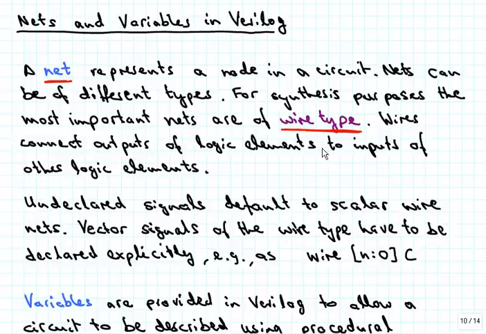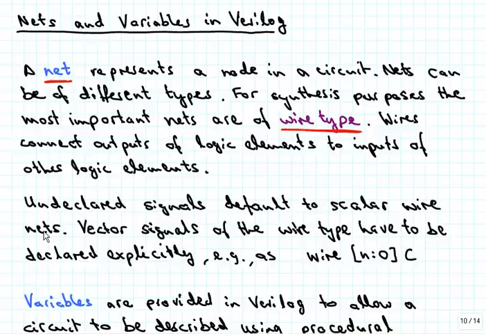And wires connect outputs of logic elements to inputs of other logic elements. For example, an output of an AND gate going to an input of an OR gate, that would be such a wire. Or an output of an instantiated module that is being connected to something else, that would also be of the wire type. Undeclared signals in Verilog default to the scalar wire type.